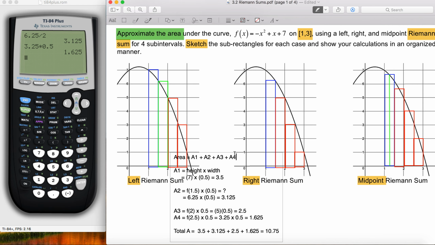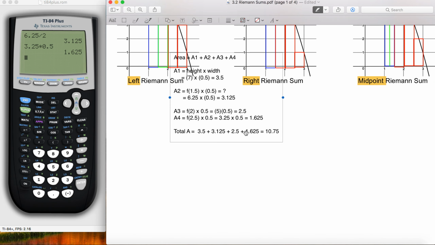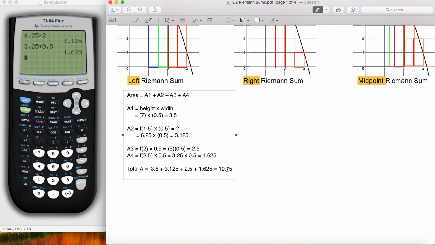Now to speed up the process a little bit, I just want to show you a different way to see this.